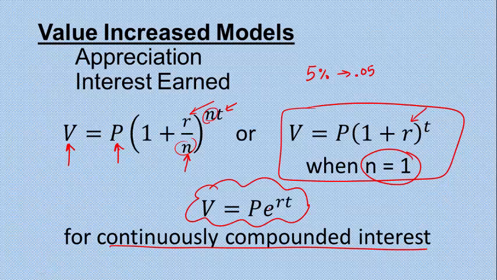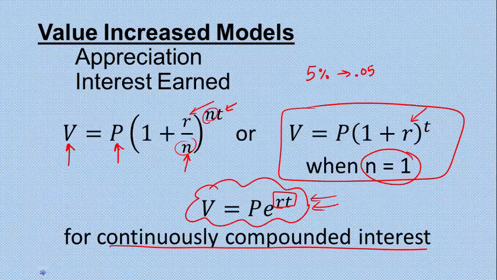When May 1st comes around, that's exactly when they give you the money. But that's not how it works for science quite often. It's just a continuous growth. There's no stopping it. So this is kind of that idea here. And we use this formula. And so RT is the interest rate and the time. E is the number E that we've been using for natural logs and for base E.